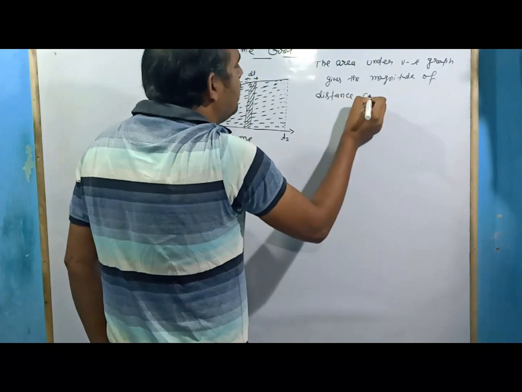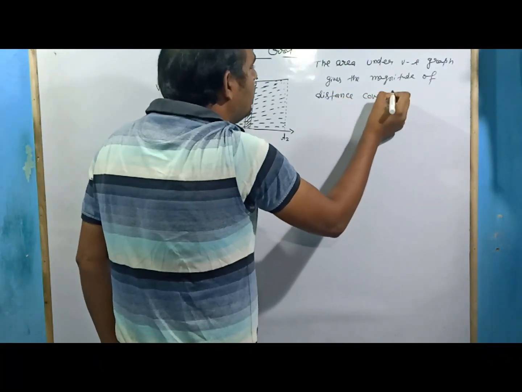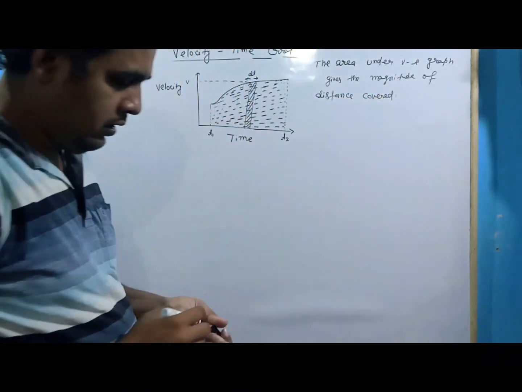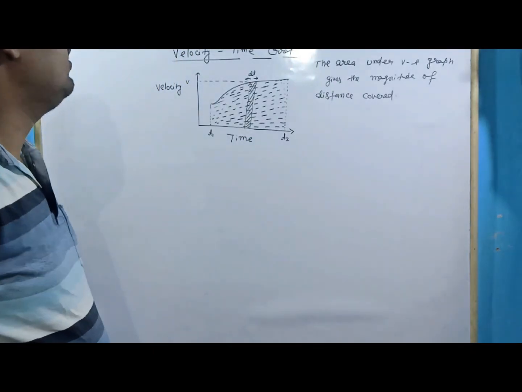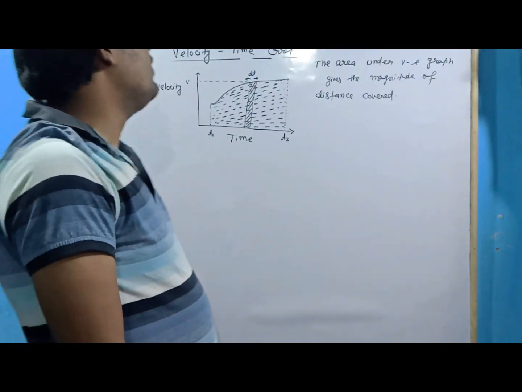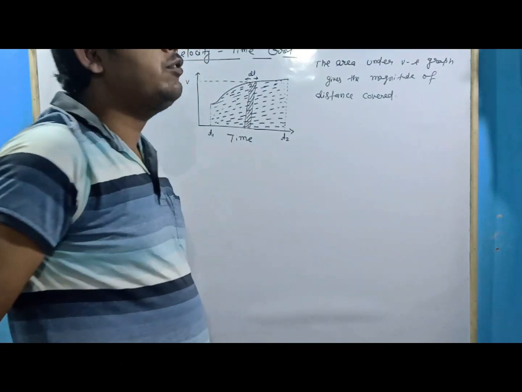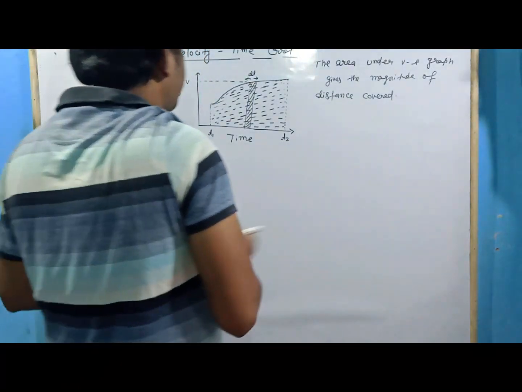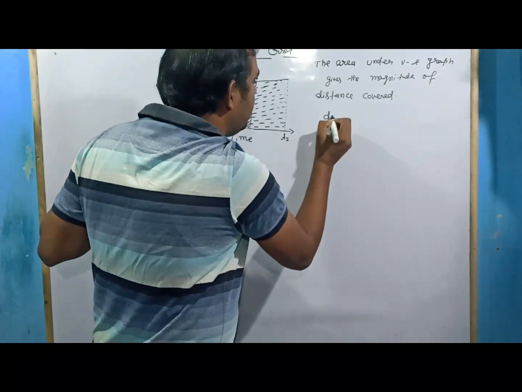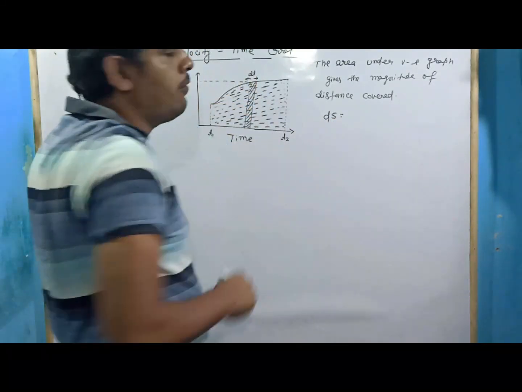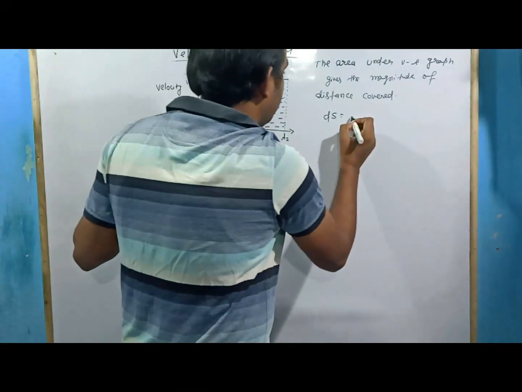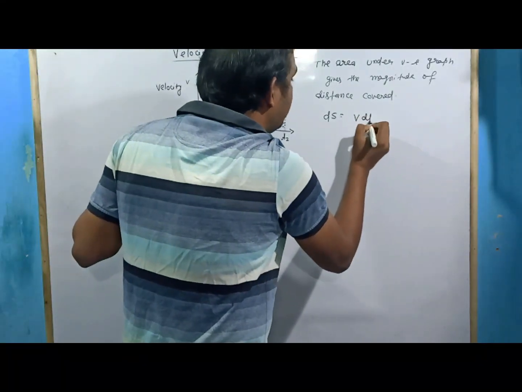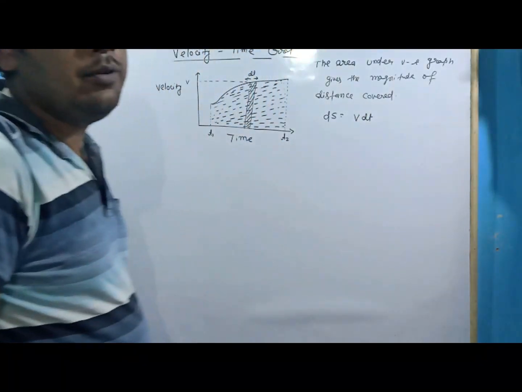That we have studied in class 9. In class 9 we have studied that the area under the VT graph is going to give the magnitude of the distance covered. So if I have to find the area, that is ds, under the time interval of v dt, I can write that ds should be equal to v into dt.